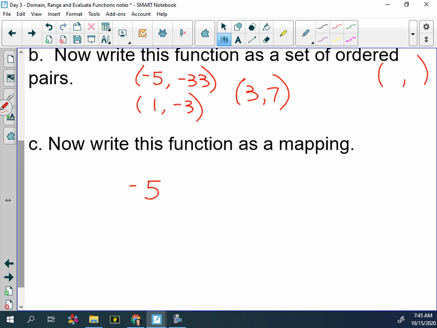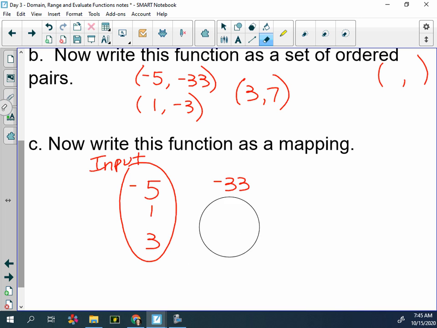Negative 5, 1, 3. There are your inputs. And then negative 33, negative 3, and 7 were the outputs.